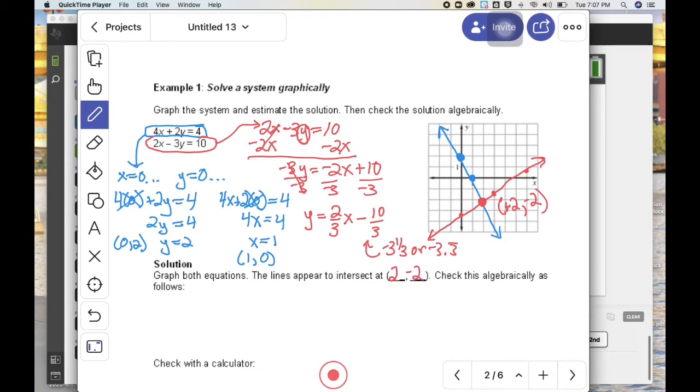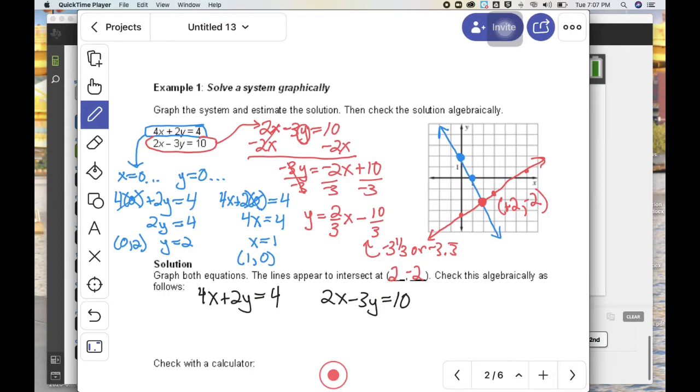Well, I could check that pretty easily algebraically. And we do that by taking our original equations, for instance, 4x plus 2y equals 4, and 2x minus 3y equals 10. And I take my ordered pair of 2, negative 2, and I plug it into each of those equations to make sure that it works.